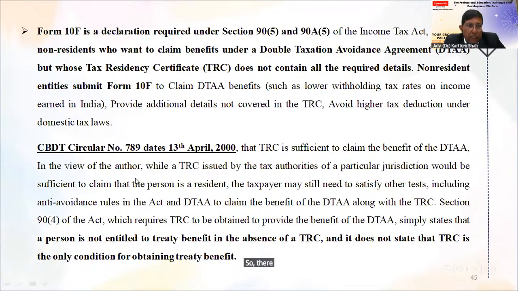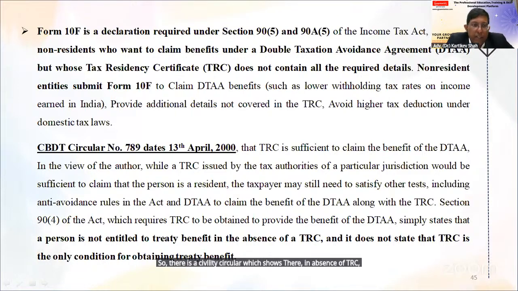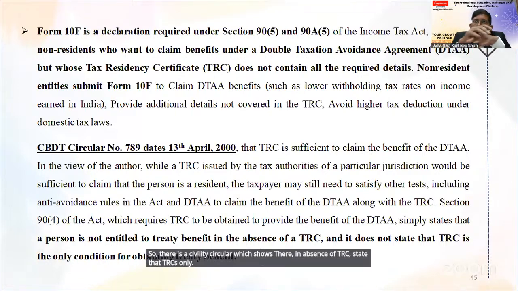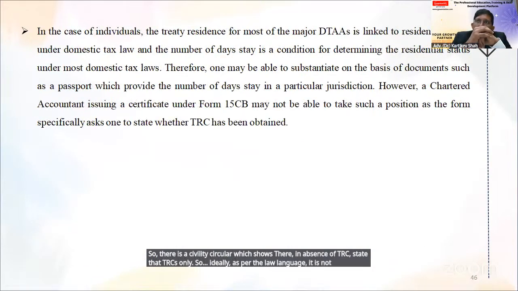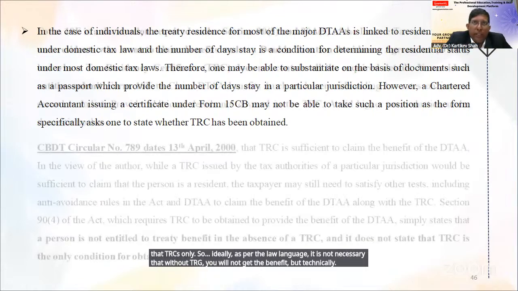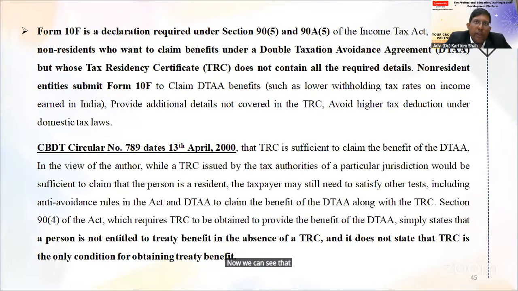There is a CBDT circular which states that in absence of a TRC, it is not the only thing. So ideally, as per the language of the law, it is not necessary that without a TRC you will not get the benefit. But technically, tax law is different, and the workings of CPC are different. So even in tax law we get the benefit, but we have to follow the CPC procedure.